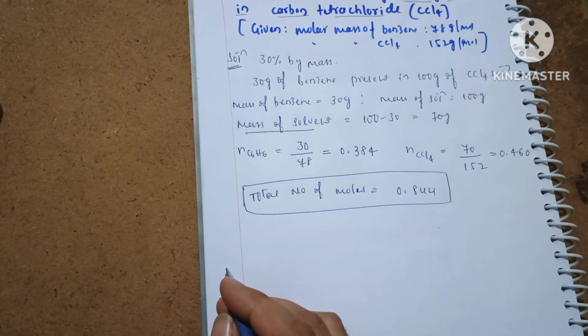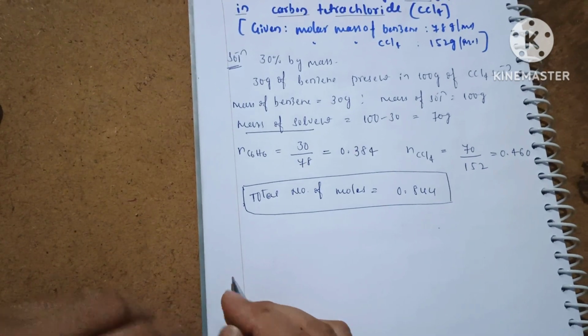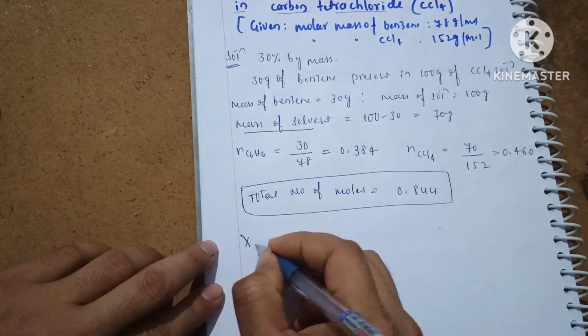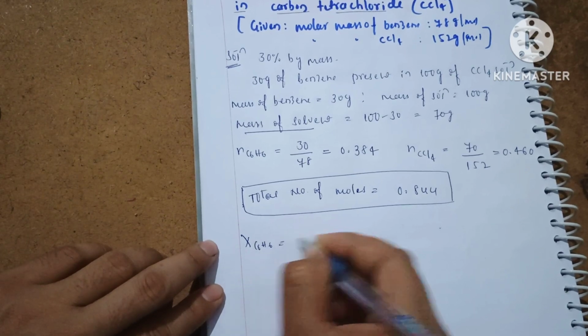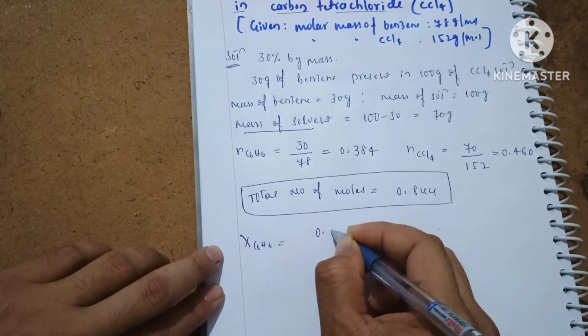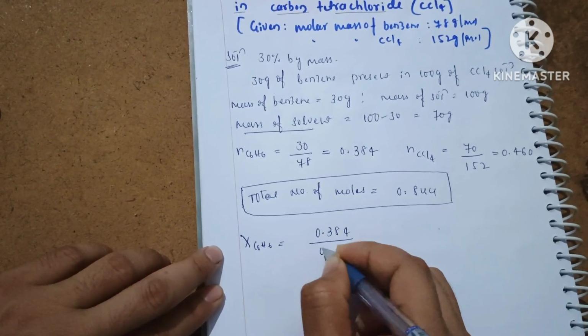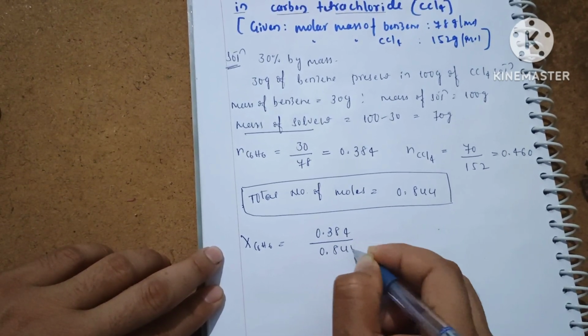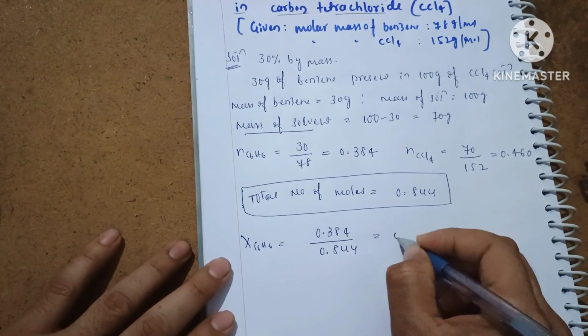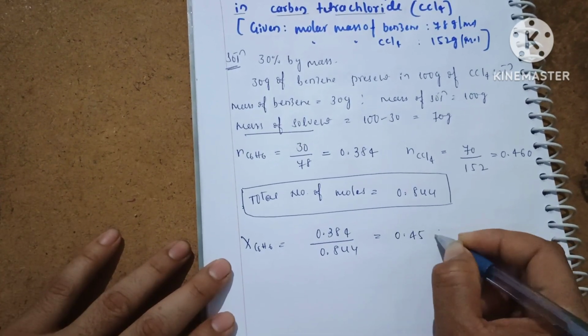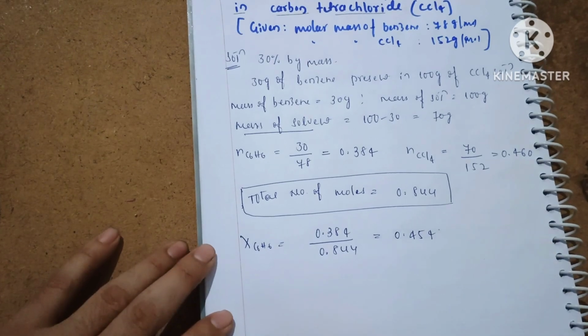Now calculation of mole fraction. Now I have to calculate the mole fraction of benzene. That is, mole fraction of benzene is equal to number of moles of benzene, 0.384, divided by total number of moles, 0.844, which is equal to 0.454.